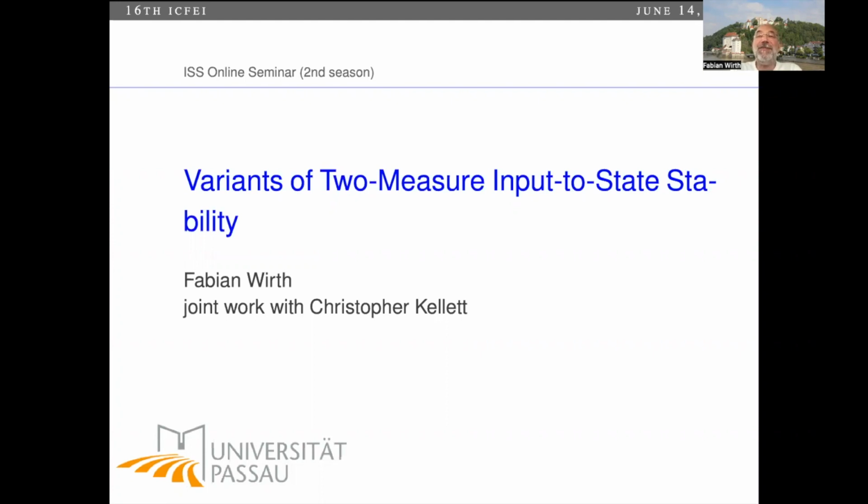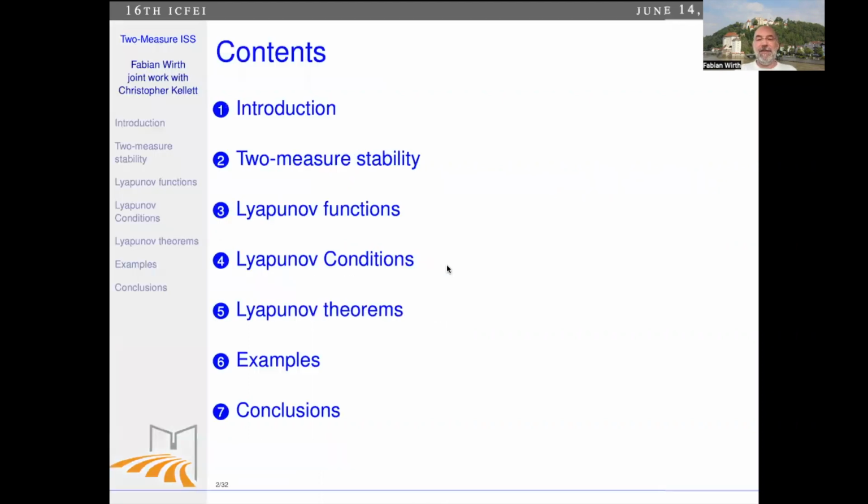And hopefully I will manage to convince you that there's a bit of usefulness in there, but also that things are not so easy because some things happen that maybe you do not expect if you're introduced to the standard ISS theory for ordinary differential equations with respect to a fixed point. So, okay, great.